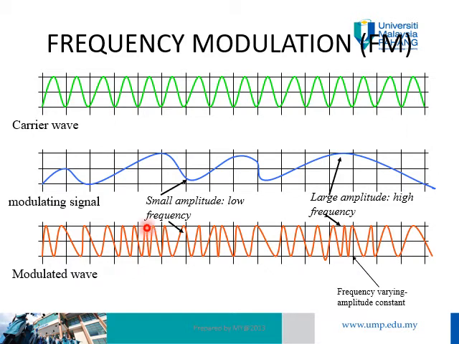So we can say that small amplitude in the modulating signal will result in low frequency, and large amplitude in the modulating signal will result in high frequency in the FM modulated signal.